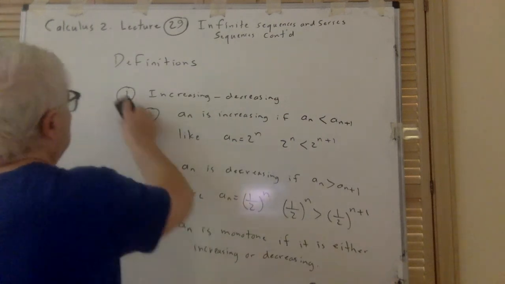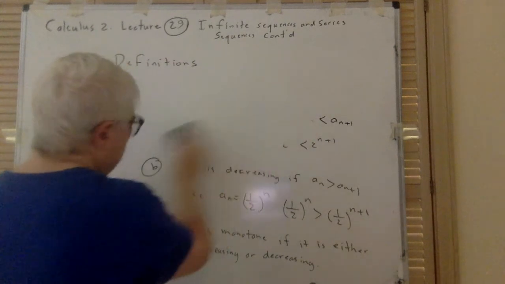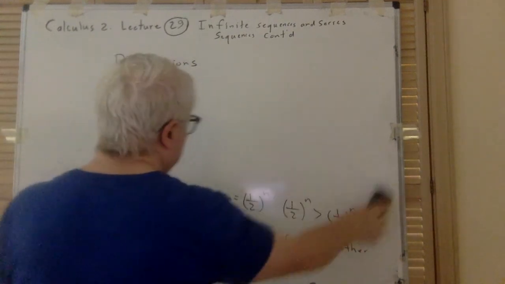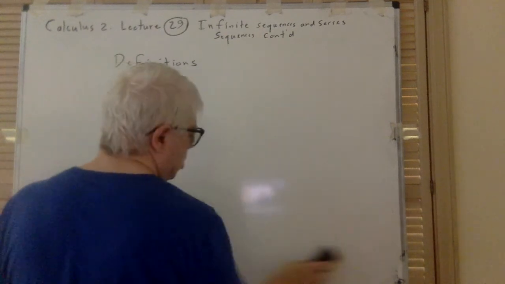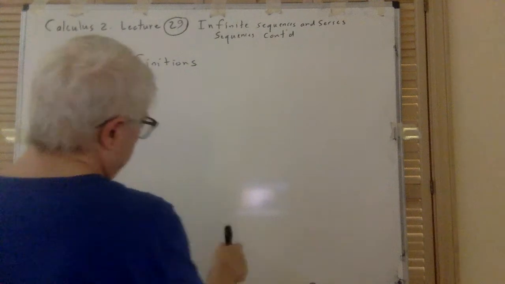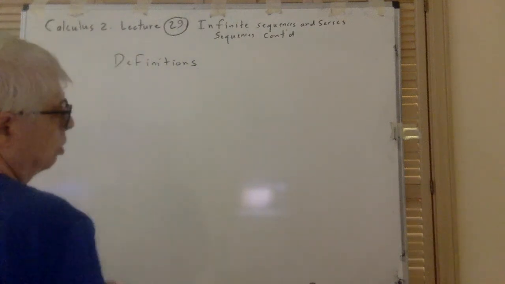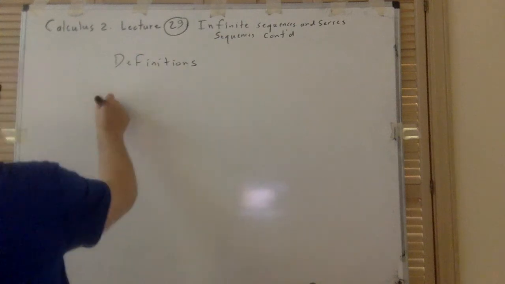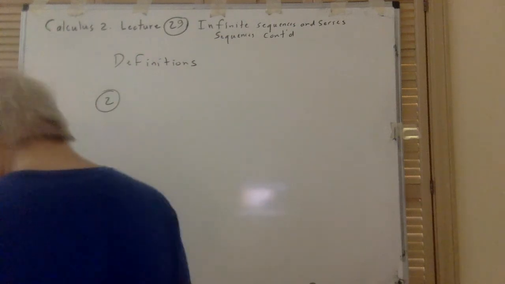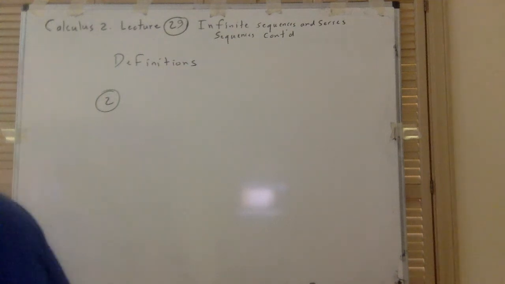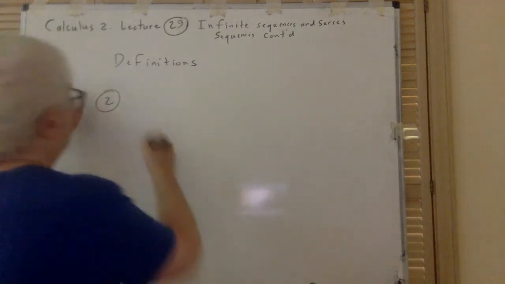And number two is that this monotone is important here. If we didn't use that, we would have said monotone means strictly, but those are just technicalities and not so rigorous. And bounded.